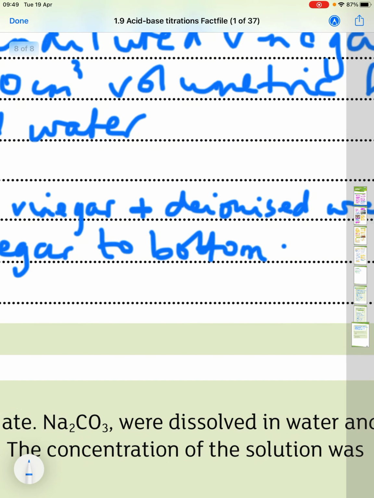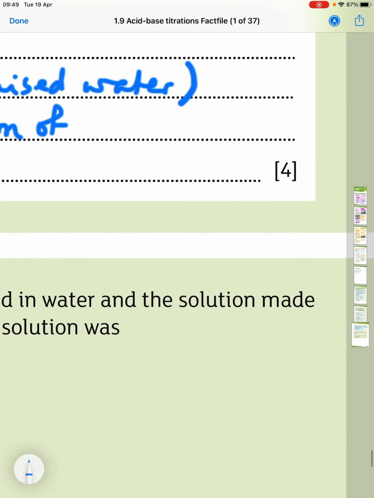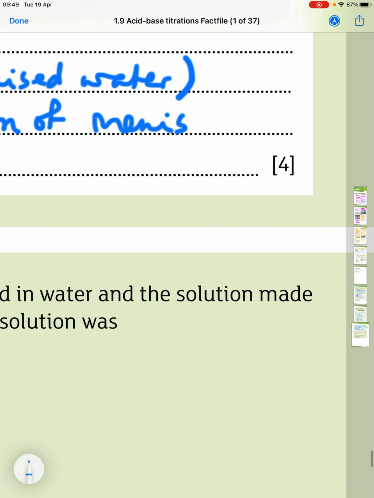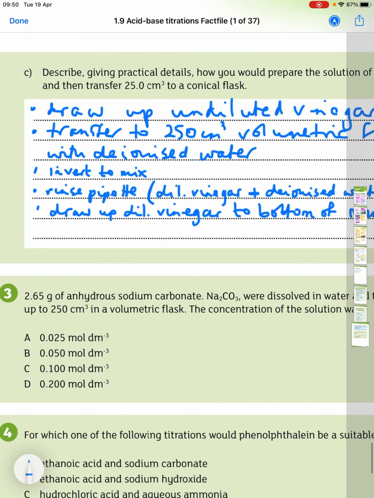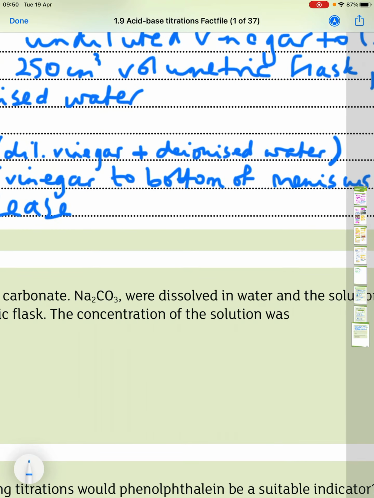And we want it to the bottom of the meniscus is on the line. And then release it into a conical flask.